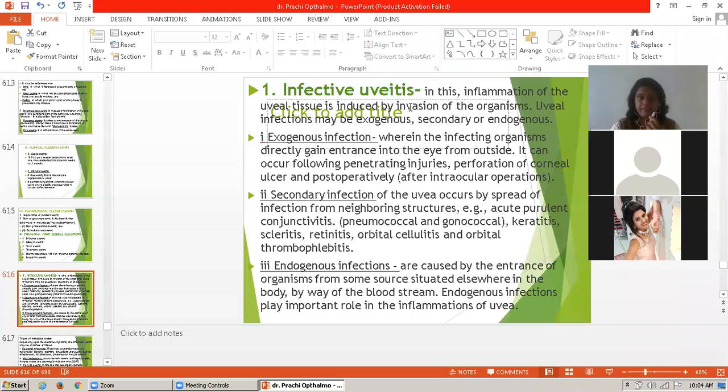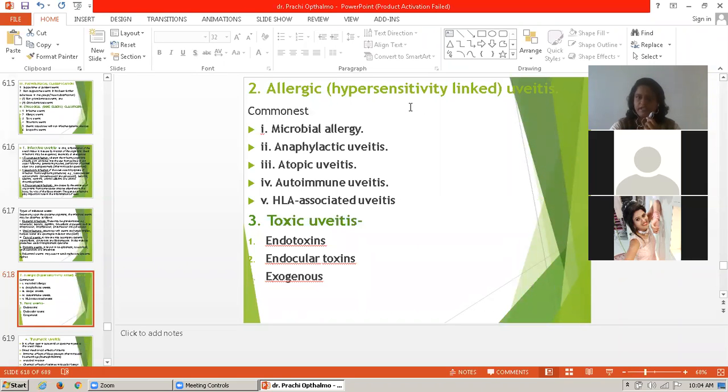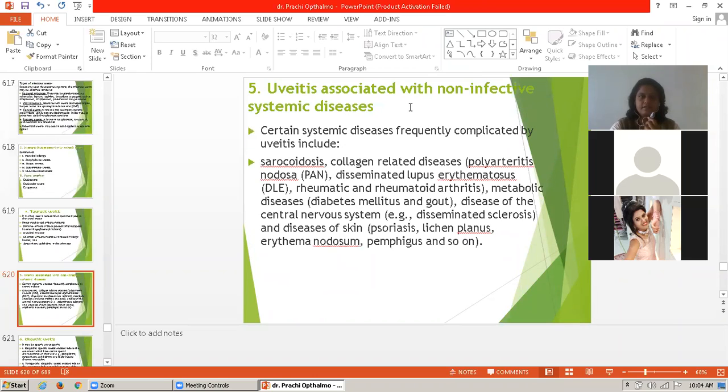That is, infective uveitis, allergic uveitis, toxic uveitis, traumatic uveitis, and uveitis associated with non-infective systemic diseases.